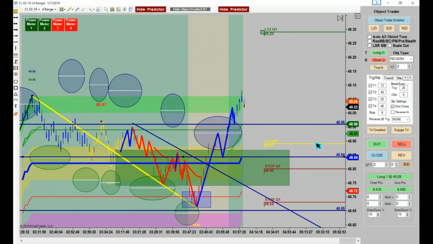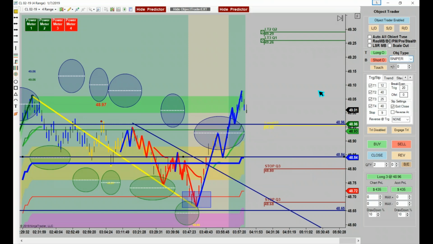Okay, now if I was in, let's say I was in a total of like 3. Well, I'd want to probably take off 2 if this happens to close below here, just in case. And I could actually even turn on sniper and protect that by hitting this like this and saying, okay, if it closes below that swing right there, I could take 2 off the table.